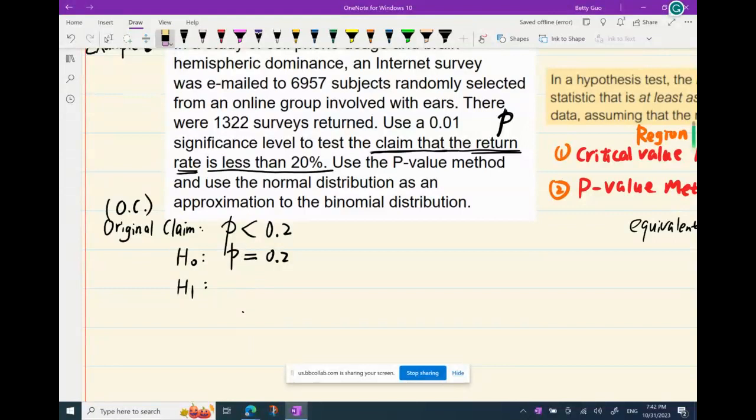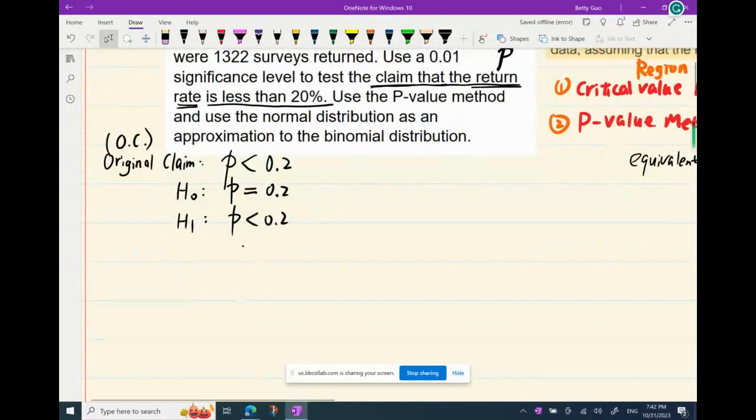So our H sub 1, the alternative, would be P is less than 0.2. Use those rules, or connections between those three things, to determine H sub 0 and H sub 1.